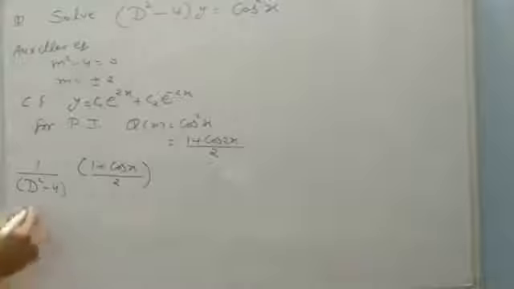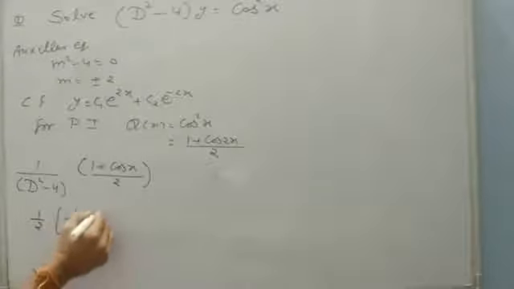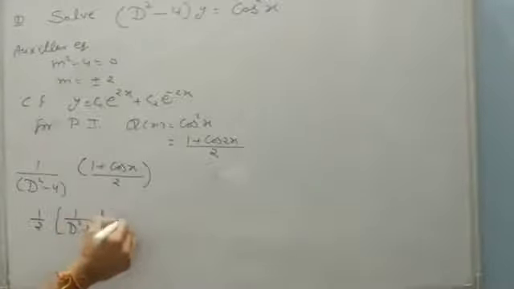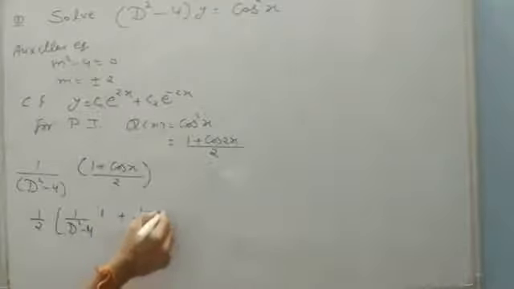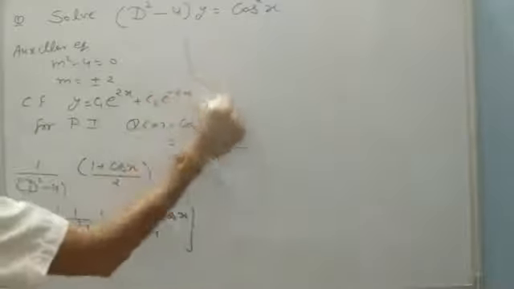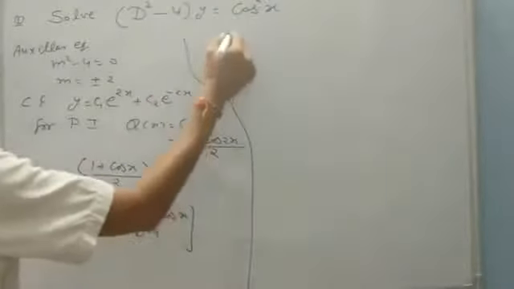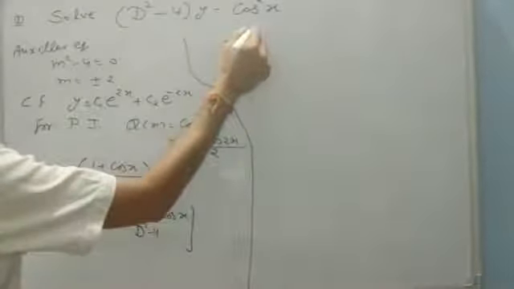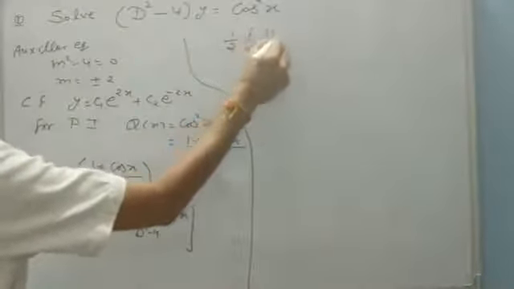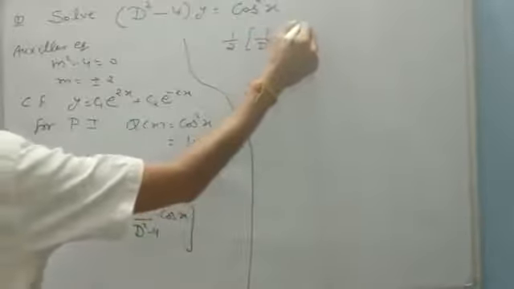As 1 by 2 we have taken out, it is 1 upon D square minus 4 of 1 plus 1 upon D square minus 4 of cos 2x. I can write this as 1 upon 2 [1 upon D square minus 4 e to the power 0x, plus 1 upon D square minus 4 of cos 2x].